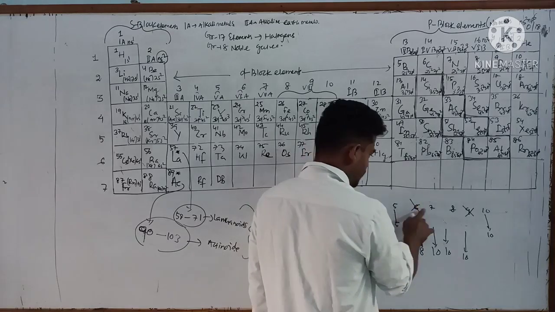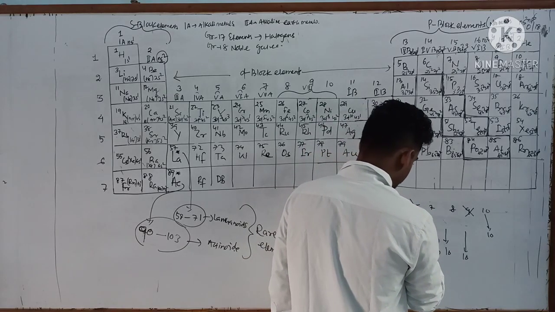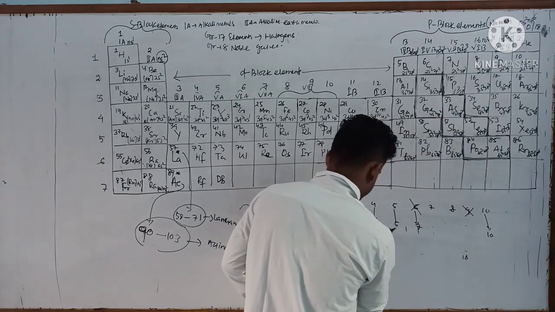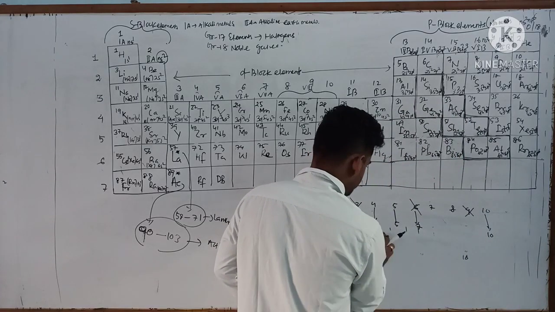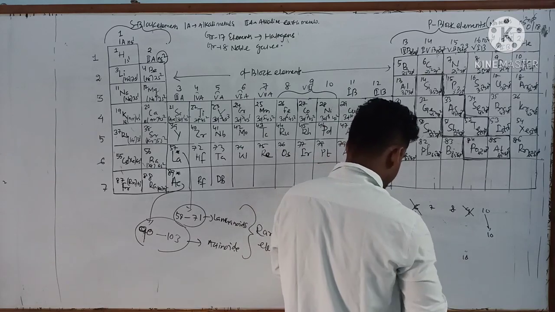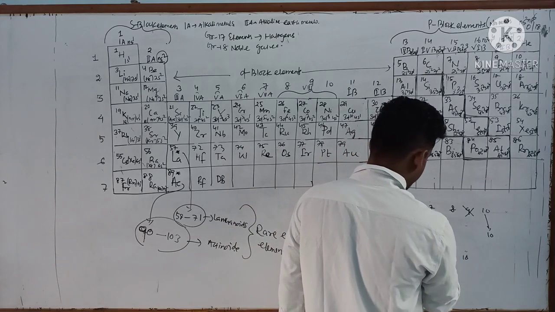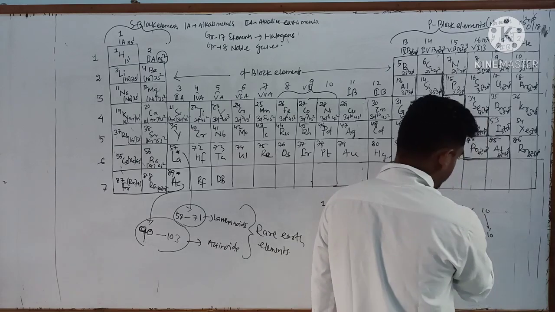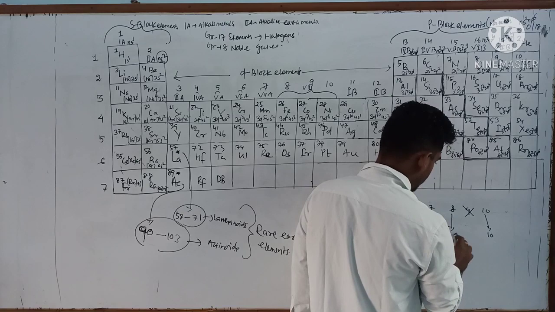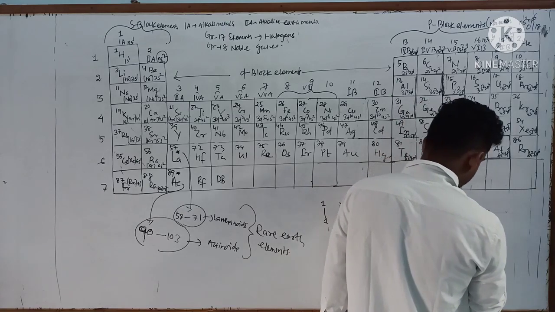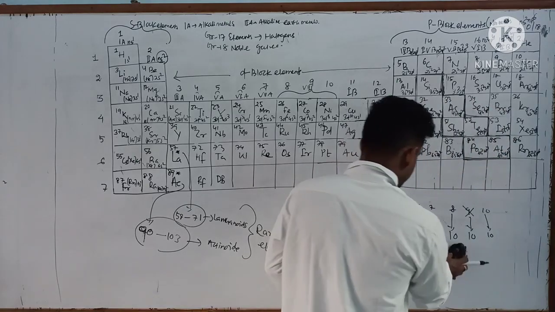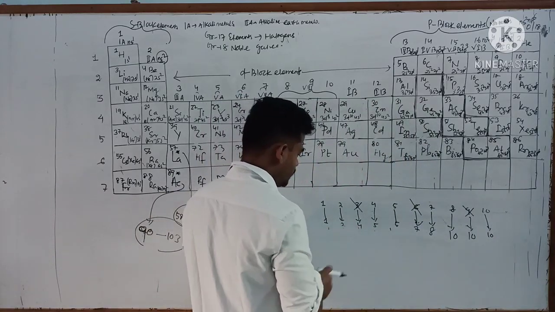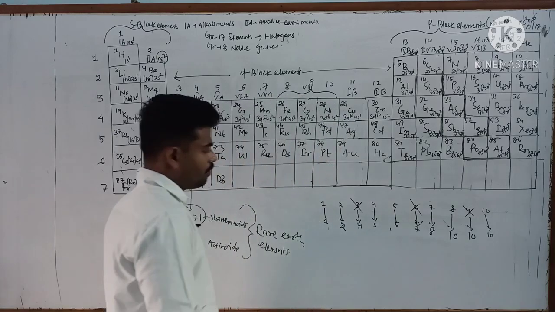Next 6 we don't take, so the next digit is 7, 7. Next 8, 8. 9 we don't take, so next digit is 10, 10. So this is the trick to represent the number of electrons in the d subshell of the 4d series.